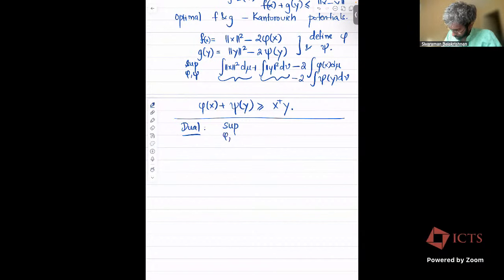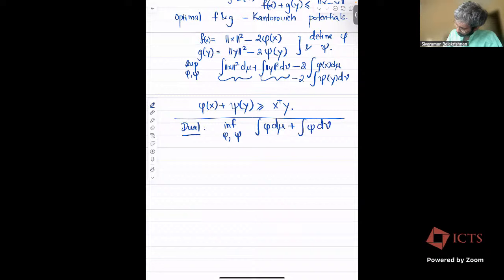So I'm going to take the inf over phi and psi of the integral of phi d mu plus the integral of psi d nu, with the constraint now that phi of x plus psi of y has to be at least x transpose y. Okay, so this is some sort of modified dual.